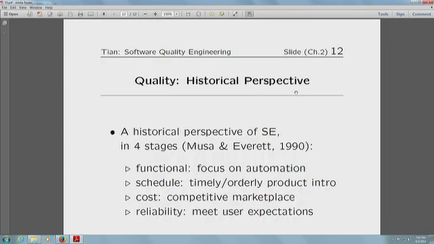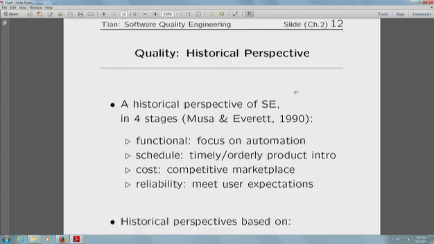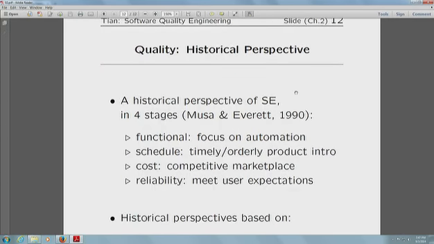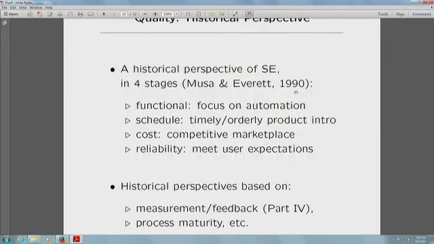So there are some of those discussions there, and there's also this historical perspective in a paper by Musa and Everett. They said that when you trace the history of software engineering, we moved from the functional stage to the schedule stage to the cost stage to the reliability stage.